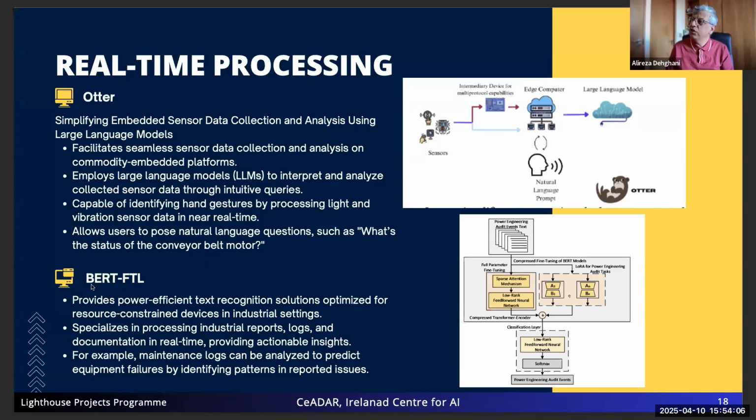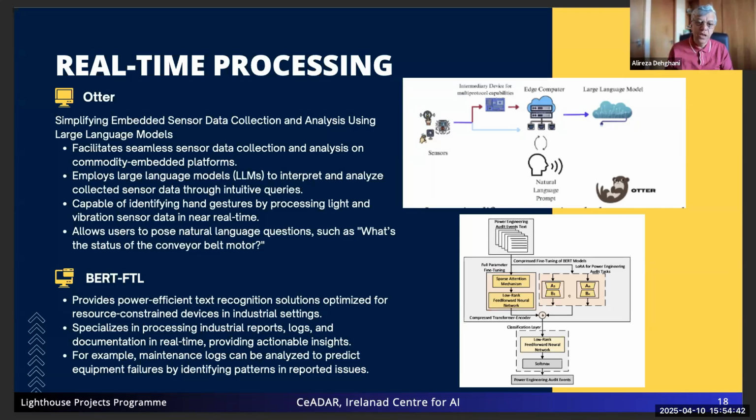And another real-time application of LLM at the edge could be BERT FTL. As you may guess, it is related to BERT, but it is the edge version of the BERT library, a lightweight text analyzer for industrial use cases. The BERT library helps you to understand and analyze text, isn't it? So BERT FTL is a kind of text processing AI tool designed for industrial settings, especially where devices have limited power and money.